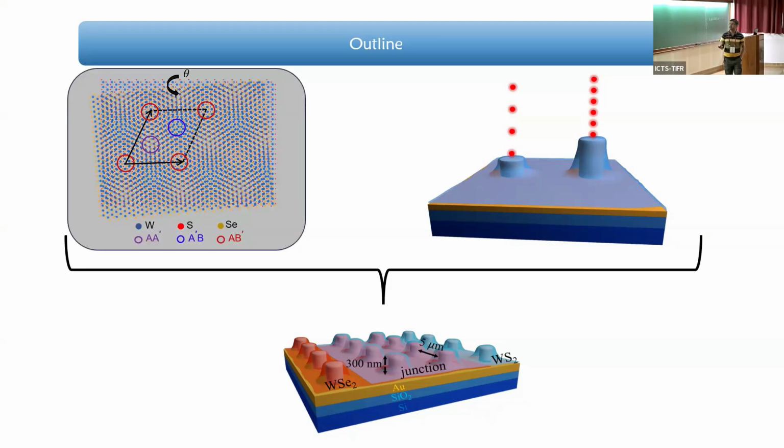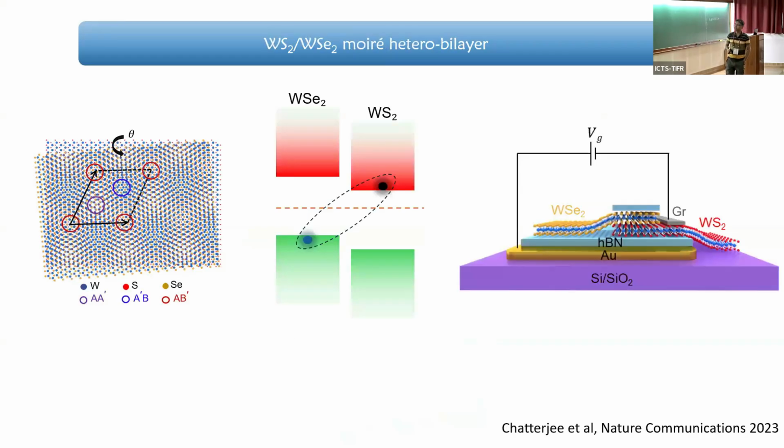So this is my outline. Let me start with the excitons in these heterobilayers. I'm not introducing Moiré here, since multiple times in this conference you have been told about it. So there are these potential wells, and they exist for excitons because I'm really talking about the modulation in the band gap of the material, more specifically the interlayer gap, which changes in a periodic manner depending on the atomic registry.